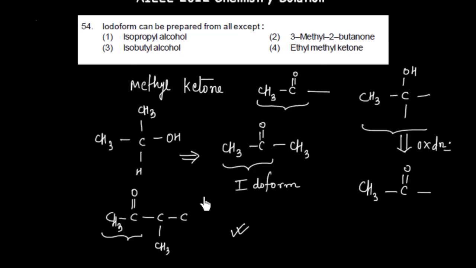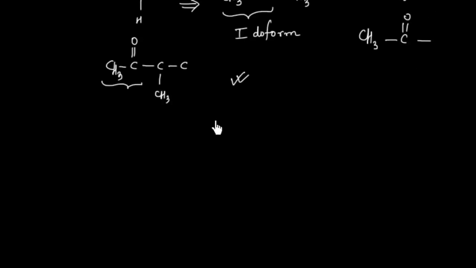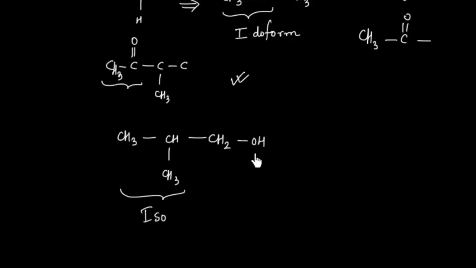Now the third is isobutyl alcohol. So isobutyl alcohol is CH3CH(CH3), this group is called the iso group. Now I have butyl, so I have 3 carbons, again 1 carbon with OH. So this is isobutyl alcohol. Now in this case, this does not have methyl ketone. Even if you oxidize, you will have CO, but I do not have any methyl group here.